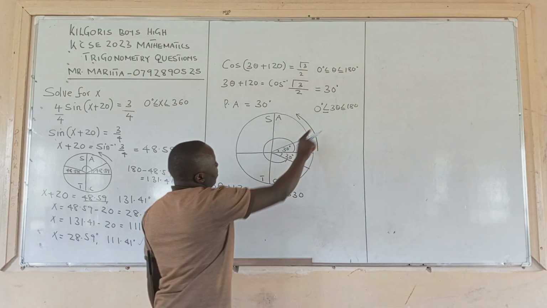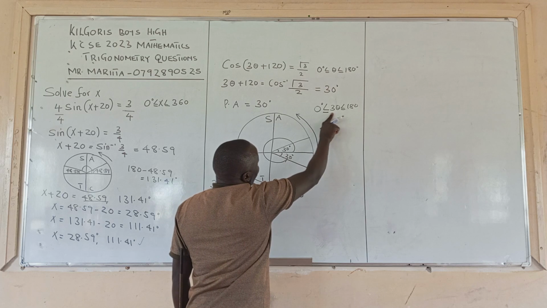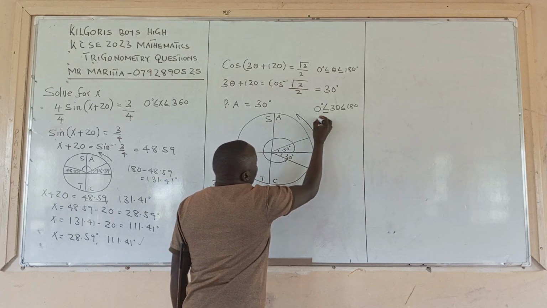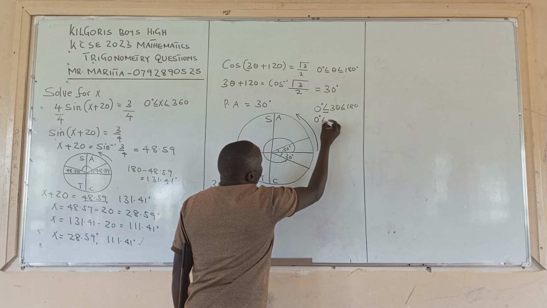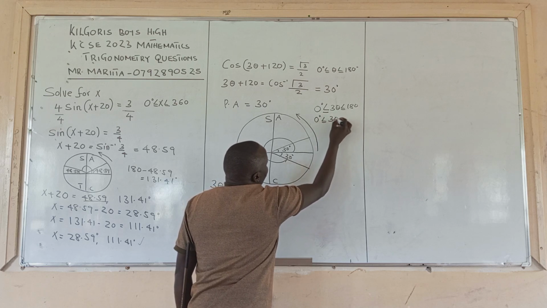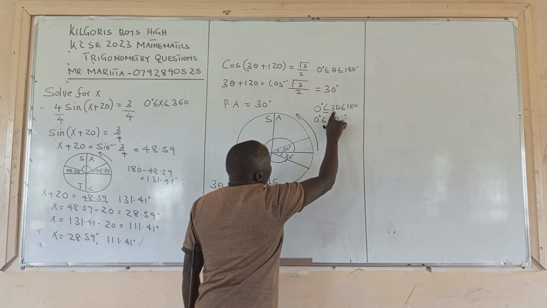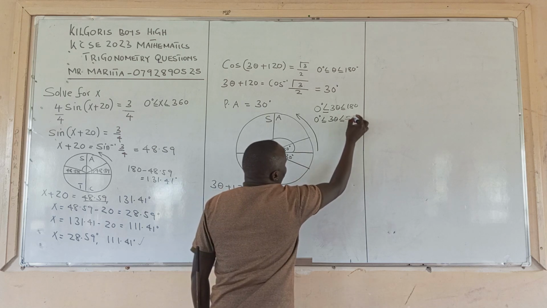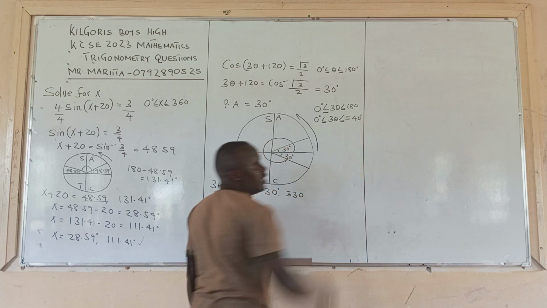Now, if we multiply both sides by 3, if you take 0 times 3, you will have 0 degrees. Then we have 3 theta. Then we take 3 times 180. This one is giving us 540 degrees.